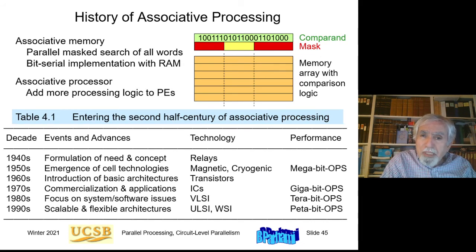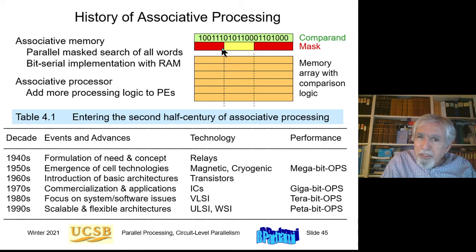Okay, here I've shown basically how an associative memory is used. So you have two registers. One is the comparand, the thing we are comparing to, and a mask that says we are only interested in this part of the comparand. Typically, words of associative memory are very long. They contain not just a word, like 32 or 64 bits, but a record with many fields.